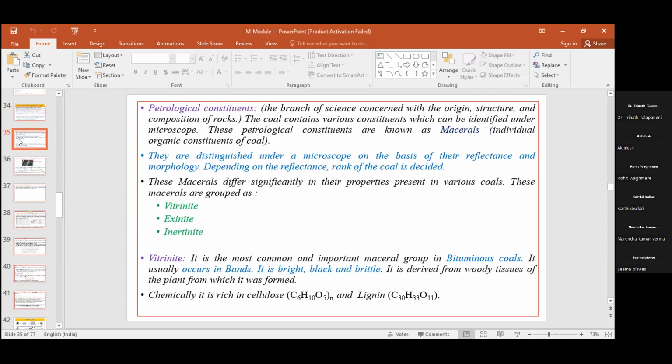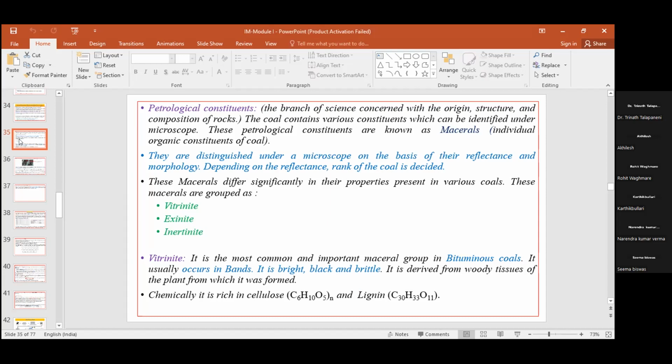That means if the carbonaceous matter is more, that means the coal is highly mature. So there are some minerals which are present in these coals, and those are grouped as vitrinite, exinite, and inertinite.